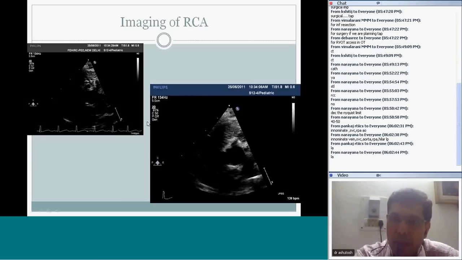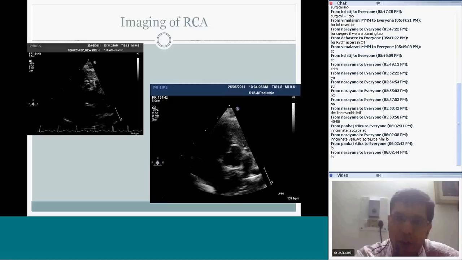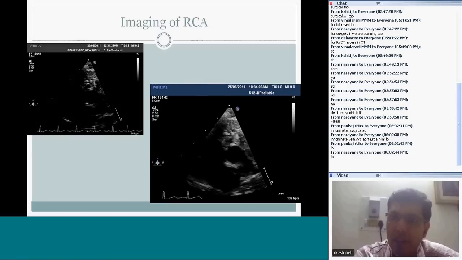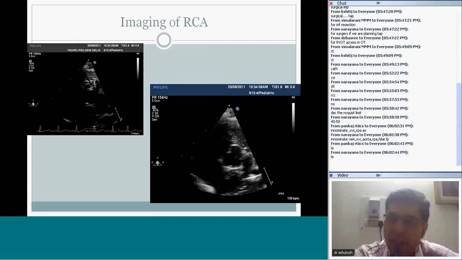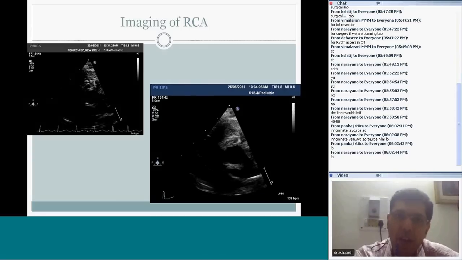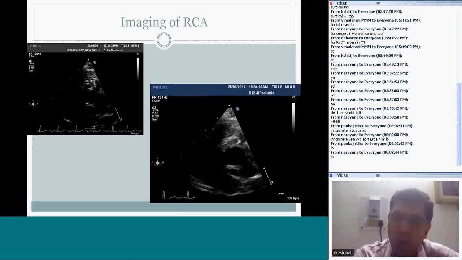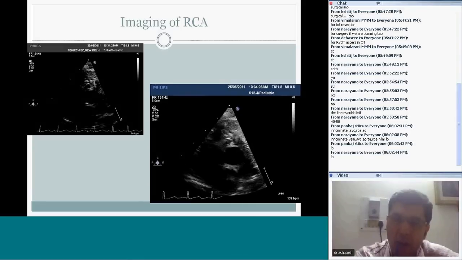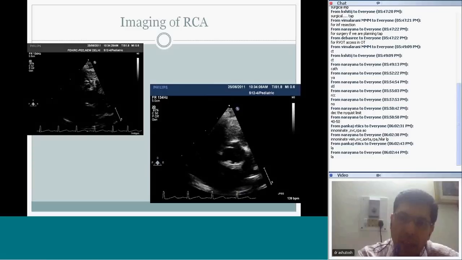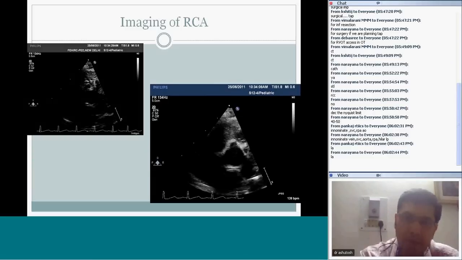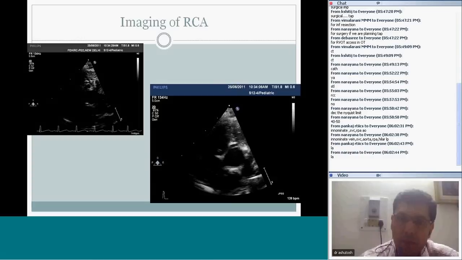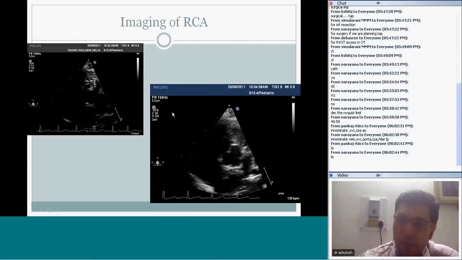As long as it courses towards the right, it's going to be all right. It's not going to be in the surgical pathway. So you have to be clear that this coronary artery that you are seeing arising more anteriorly is the right coronary artery and is going to the right side, and it's not the conal branch crossing anteriorly.